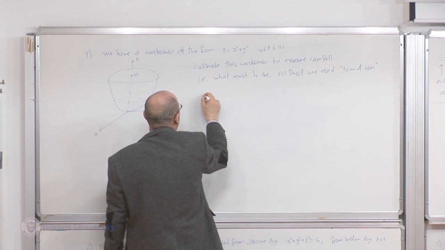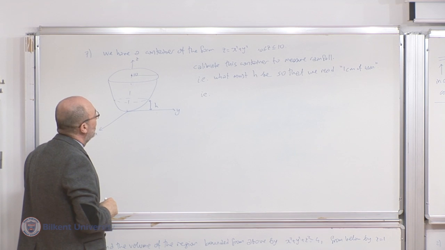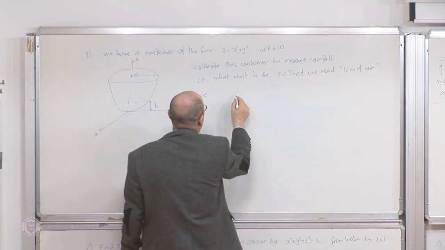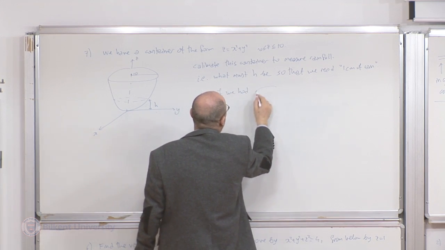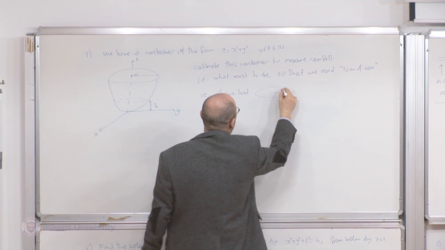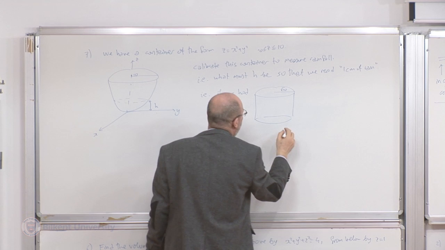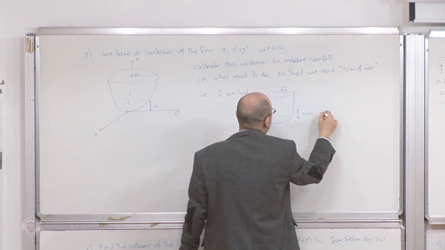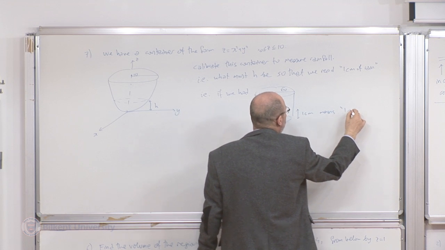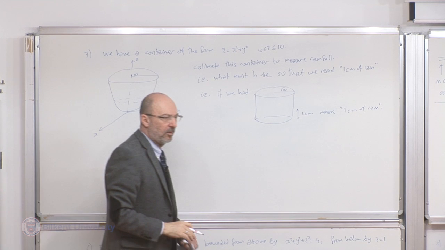Z is equal to 10, so the radius is square root 10. If we had a cylinder like this with this part square root 10, then here 1 centimeter means 1 centimeter of rain.